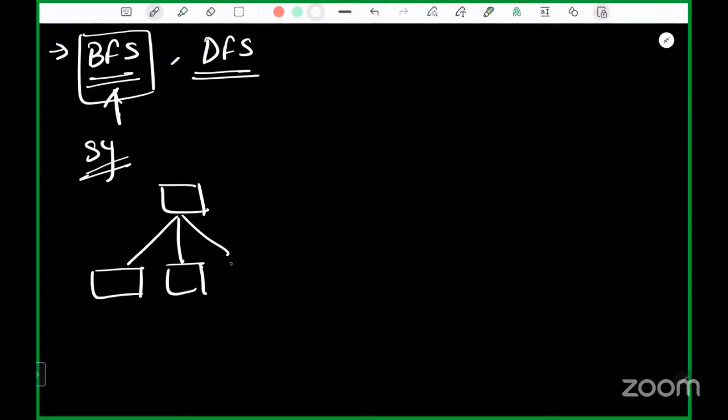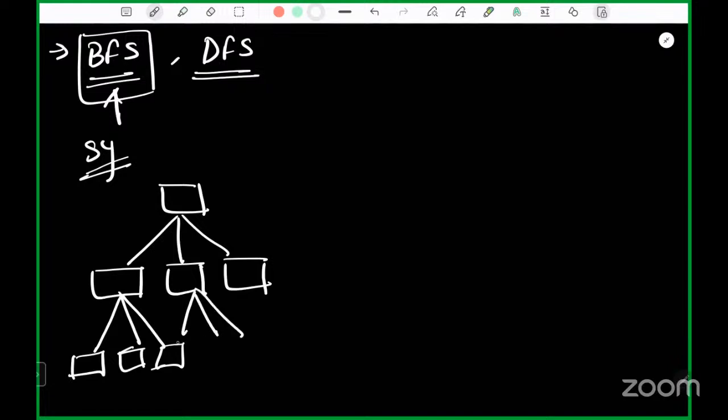After exploring the neighbors, we explore the neighbors of these vertices. So step by step: the first step is the neighbors of the source vertex, the second step is the neighbors of those neighbors, and so on. This is the strategy of the BFS process.